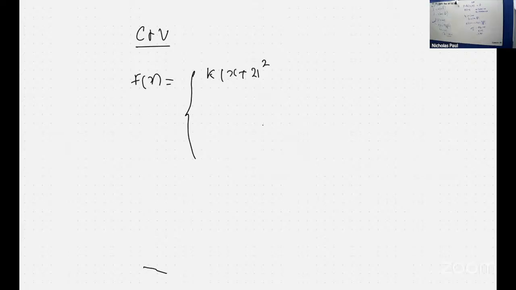It's k between 0 and 2, 2 not included. Then the next function is 2kx minus 3k from 2 until 3, and then 0 otherwise.